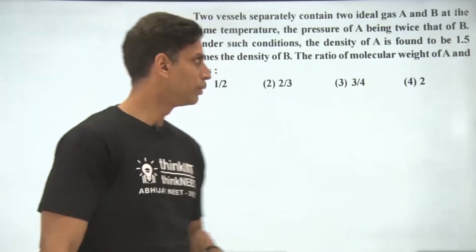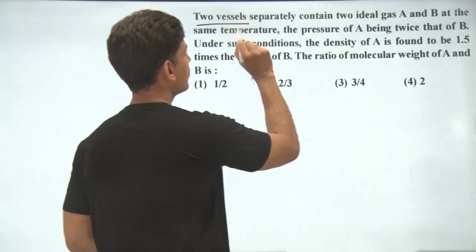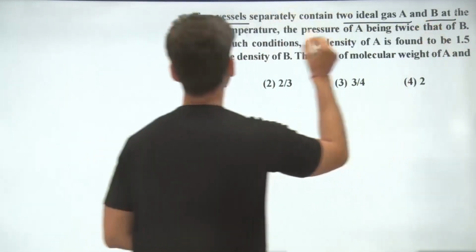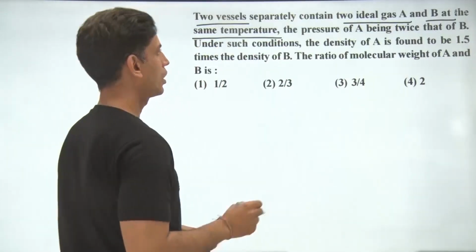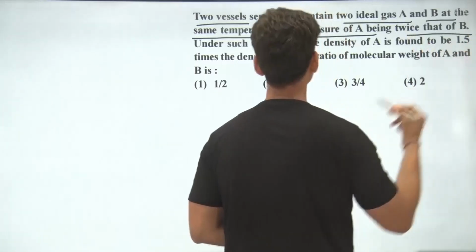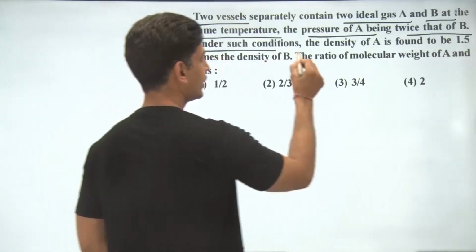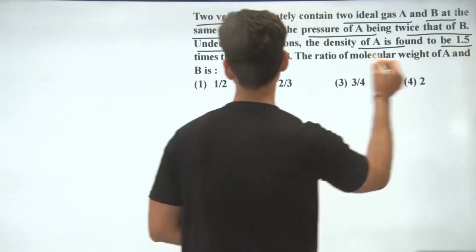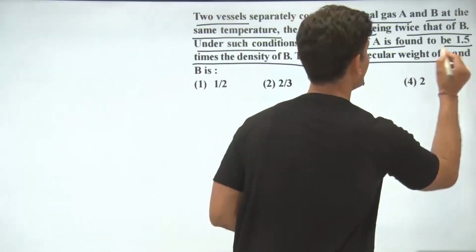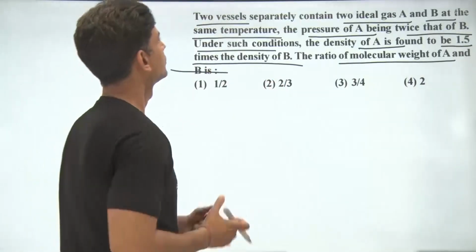The next one is, two vessels separately contain two ideal gases A and B at the same temperature. Pressure of A is twice that of B. Under such conditions, density of A is found to be 1.5 times the density of B. The ratio of the molecular weight of A and B is.